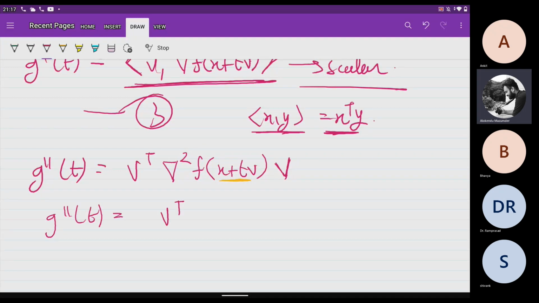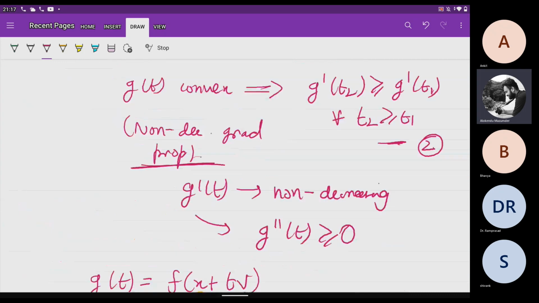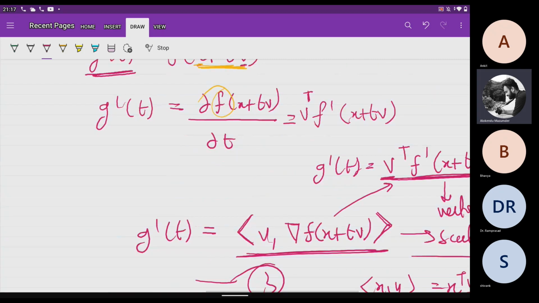So g double dash of t can be written as v transpose H of f v, because the double derivative of any vector function is denoted by H, the Hessian, right? And we already said that due to the non-decreasing gradient property, the double derivative of a convex function will always be greater than or equal to 0. Okay, Bhavya is saying no. No means you're not able to understand? Which part, can you elaborate?